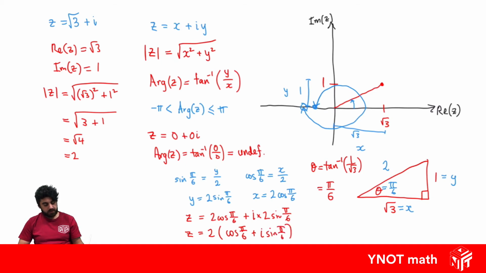And this is what we call the mod-arg form of the complex number. And just to generalize it a bit more, we can say the mod-arg form of z equals the modulus of z times cos of the argument of z plus i times sine of the argument of z.